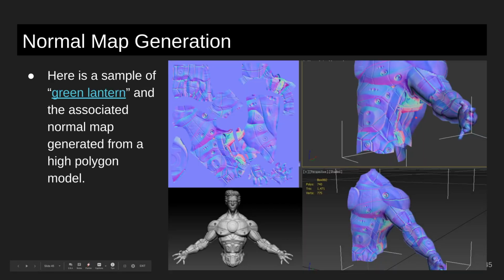Okay, so here's what the normal map looks like. We looked at one briefly in a previous lecture. So here's the green lantern. This model's normal map. And the idea is, again, you get this bluish image, where each individual pixel is an encoding for a normal vector on a higher resolution model's surface.